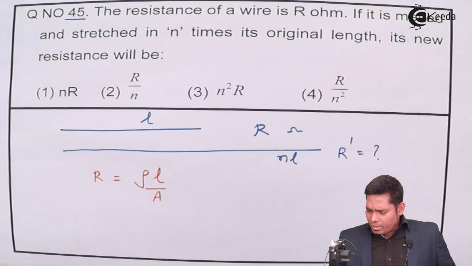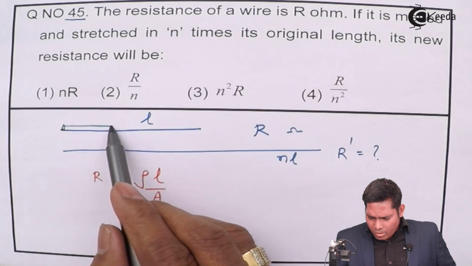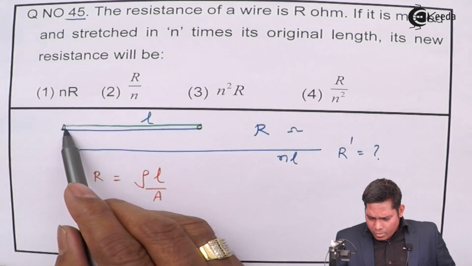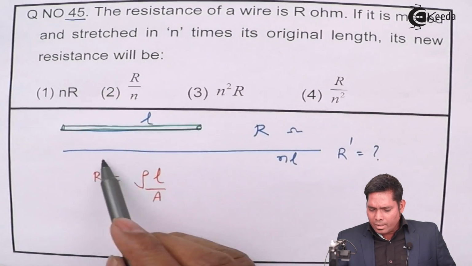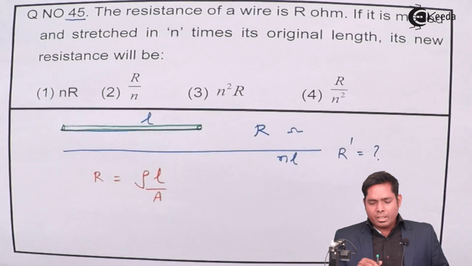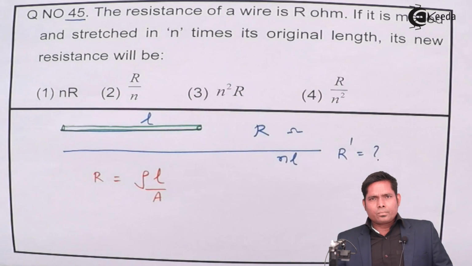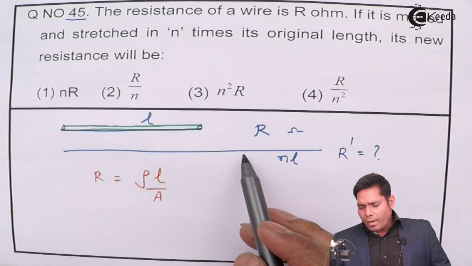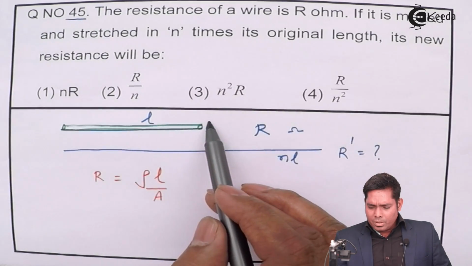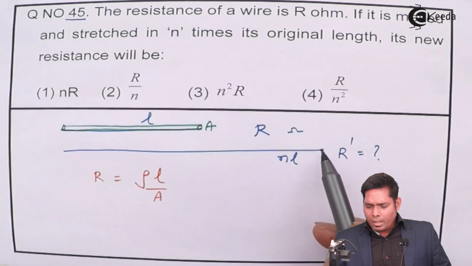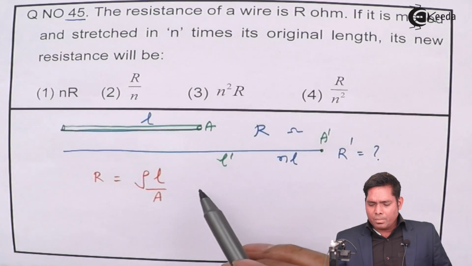When we increase the length of the wire, the increase in length is followed by a decrease in diameter. The more you stretch the wire, the thinner it gets. So the length is something else and the area of cross section is something else.